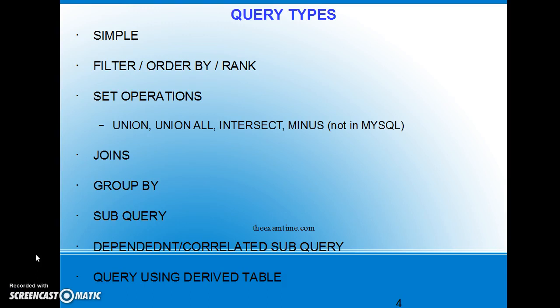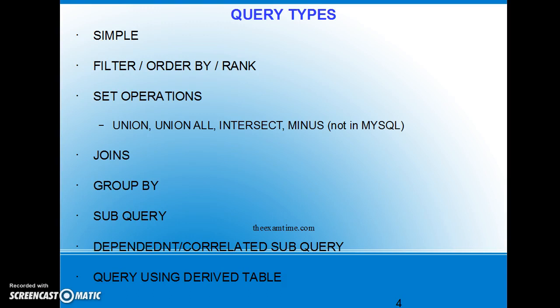And we start with the simple select: select employee name from the employee table, or select all the employee details from the employee table. And the second option is filter, where you filter only the required employee details.